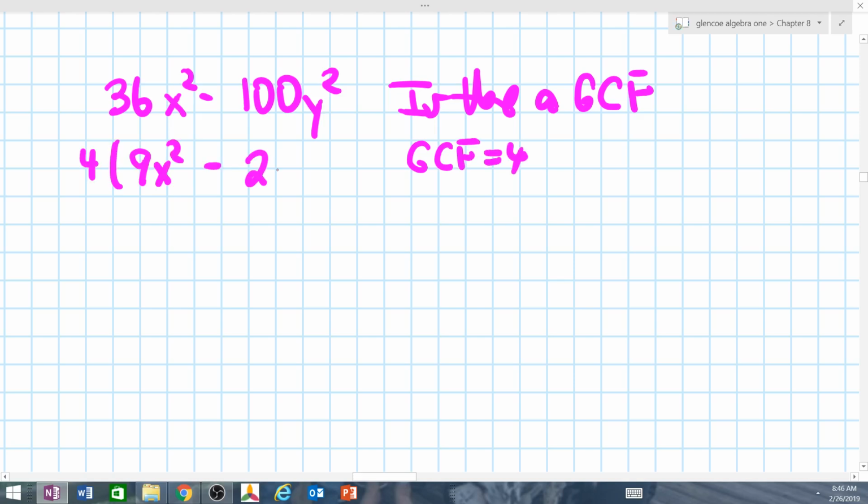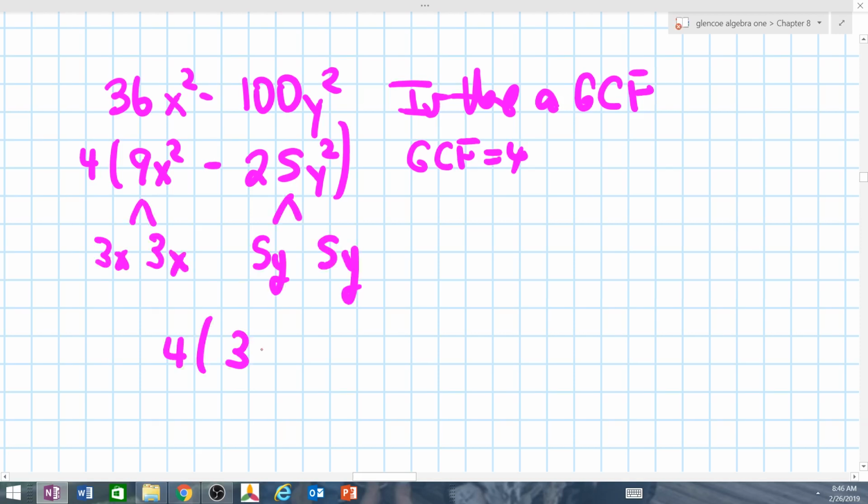Is 9x squared a perfect square? Yes, it is. 3x and 3x. Is 25y squared a perfect square? Yes. 5y and 5y. So this would become 4 times 3x plus 5y times 3x minus 5y. Final answer.